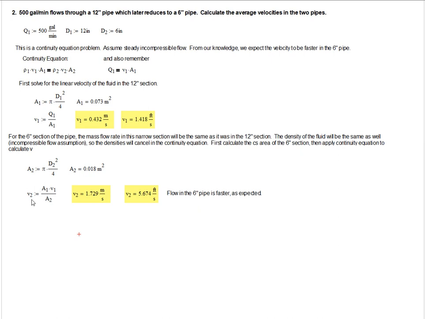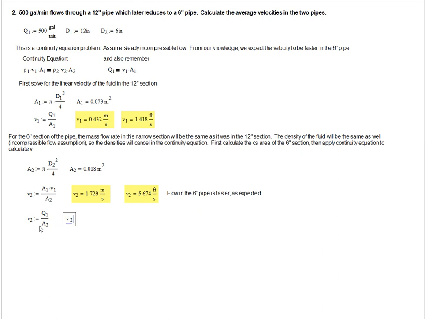And then we can either plug in and solve directly for the linear velocity at position 2, or I'm using the continuity equation to also get the answer. If we wanted to, we could write V2 is equal to Q1 divided by A2.